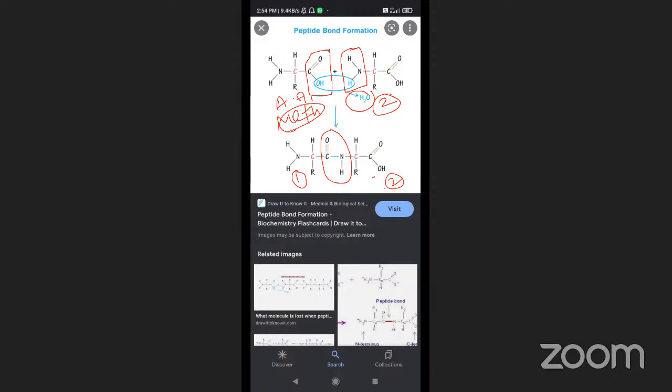For each amino acid, peptide bond formation is like this. This type of chain is called a polypeptide because it has more than 2. Is it clear?